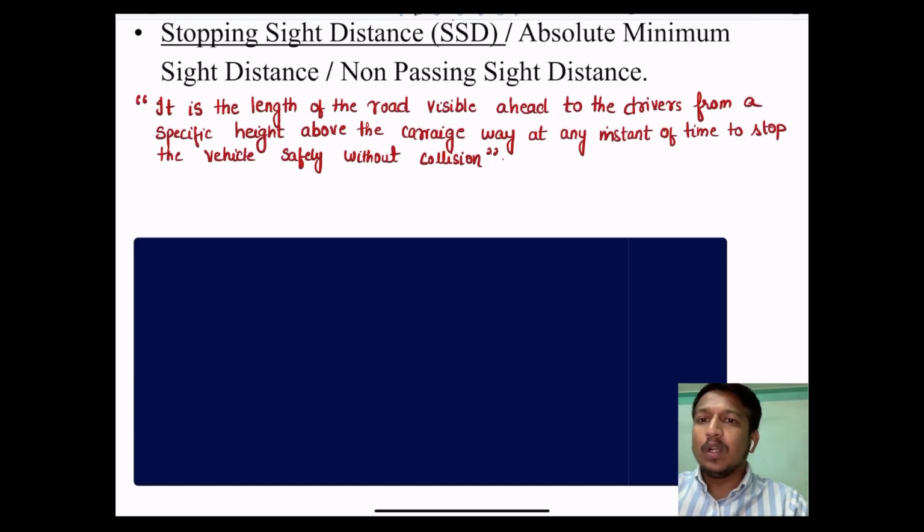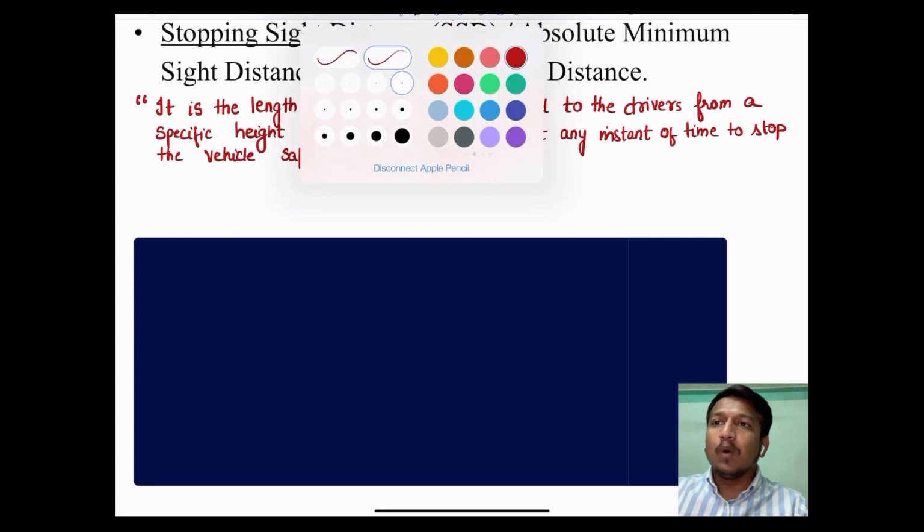A length of the road visible ahead to the driver from a specific height above the carriageway at any instant so that the driver can stop his vehicle safely without collision.